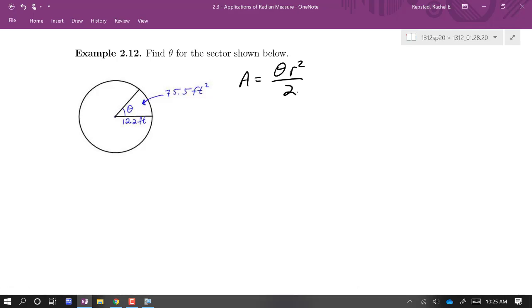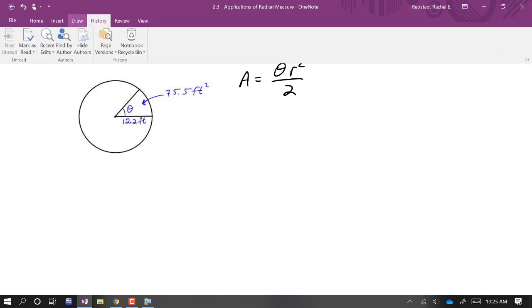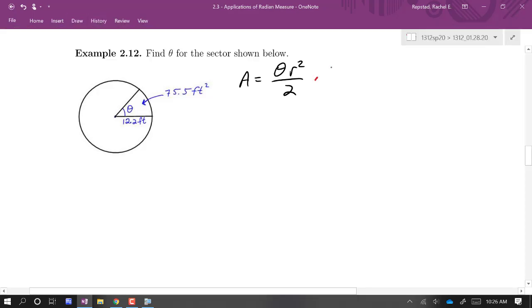If we isolate theta, then we're ready to plug the values in. We multiply both sides by 2 and divide by r squared. So theta is 2A divided by r squared.